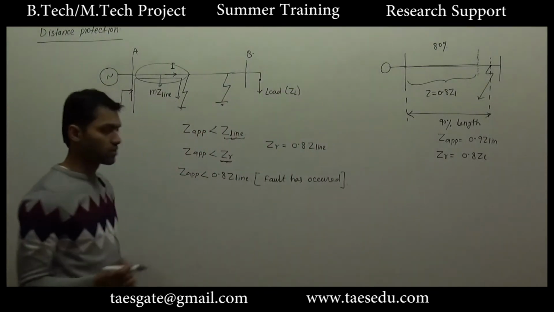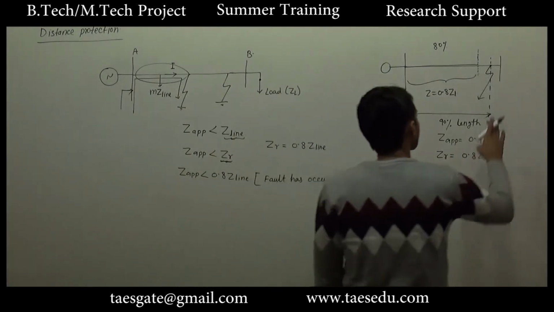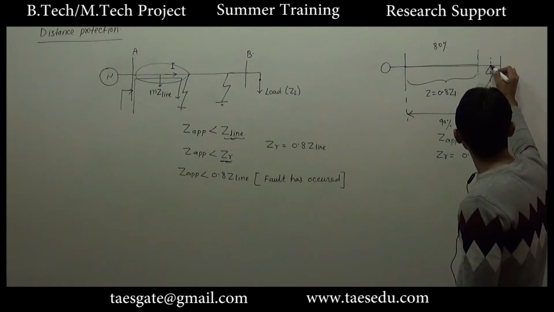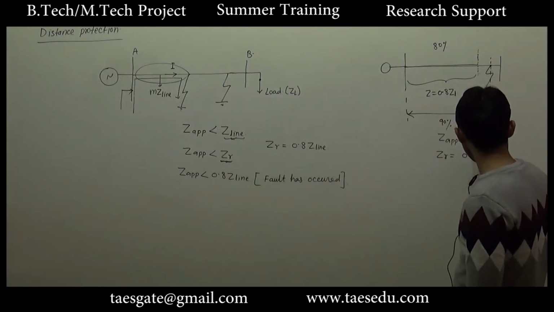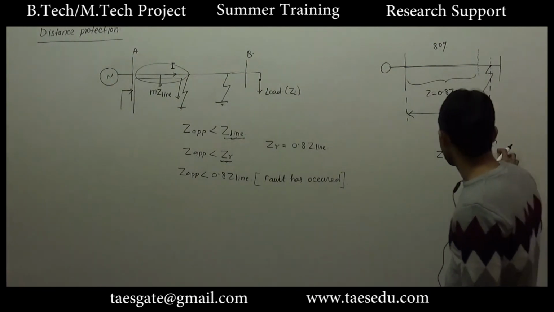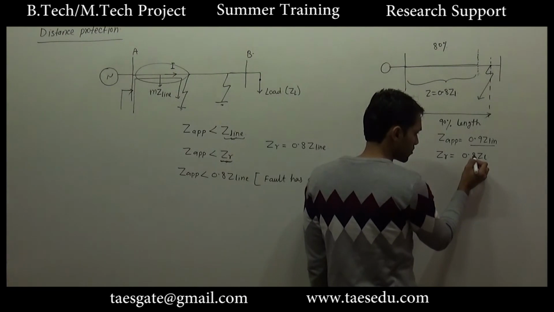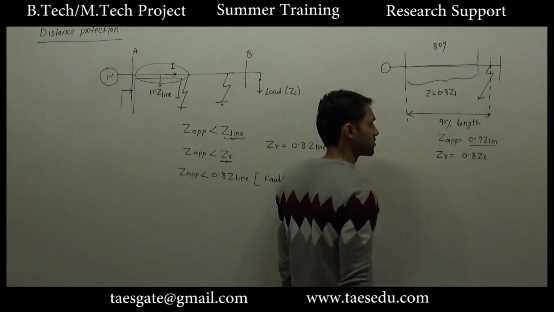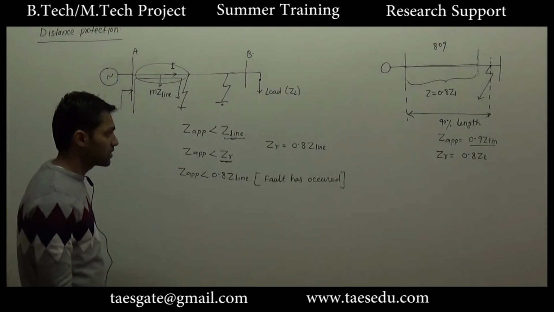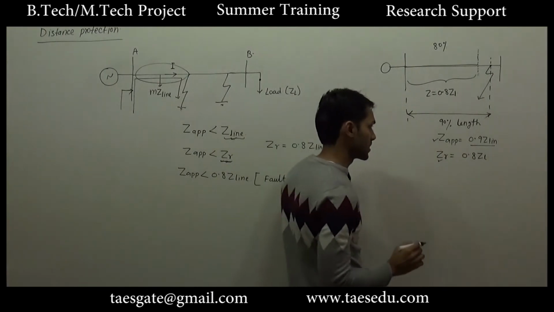Now for the detection of the fault, a fault has occurred at 90% of the length of the line. So the apparent impedance seen by the source will be 0.9 into the total impedance of the line. And let's say the reference impedance is set at 0.8 ZL, that is 80% of the total impedance of the line. Now for the detection of the fault, apparent impedance and reference impedance are compared.